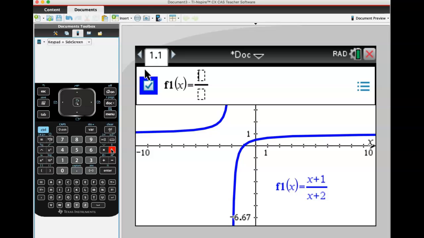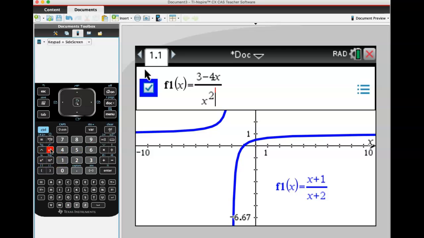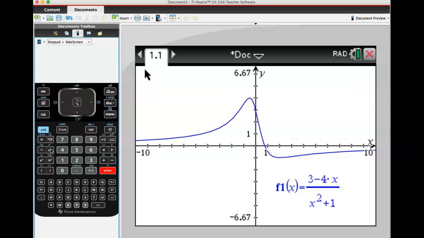The example that's on there, which is 3 minus 4x over x squared plus 1. Okay? Wicked looking graph. We're going to look at this graph and find x-intercepts, y-intercepts, and all that good stuff. Except it's important you can just do it with your calculator as well.